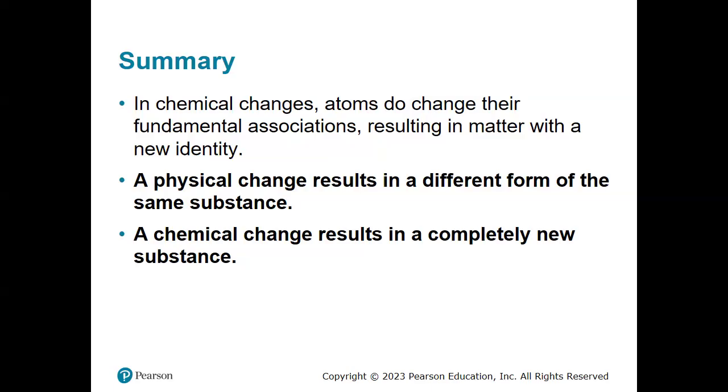Everything that was there before is there in the exact same form after. With a chemical change, we do end up with the same stuff, at least in terms of all the atoms, but they're now in different substances than they were before. We get new substances as a result of a chemical change.